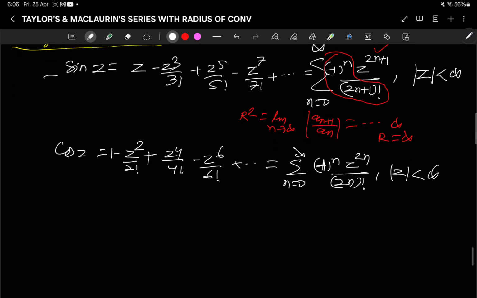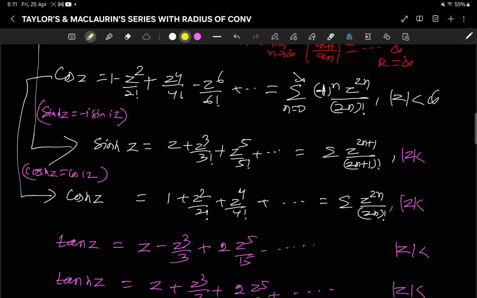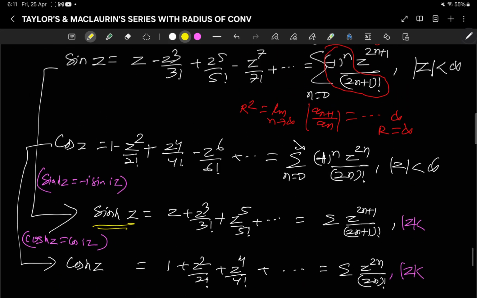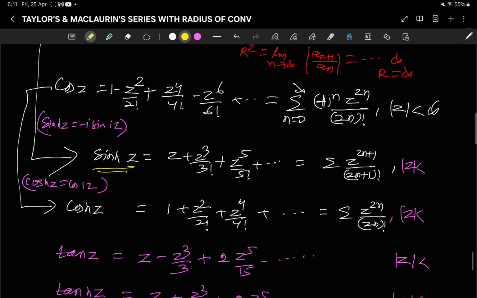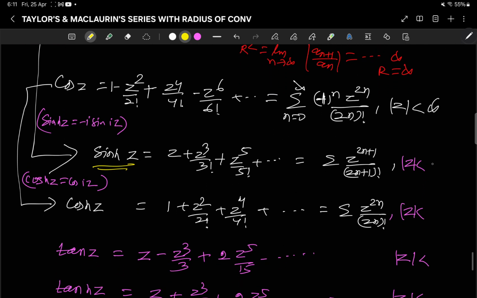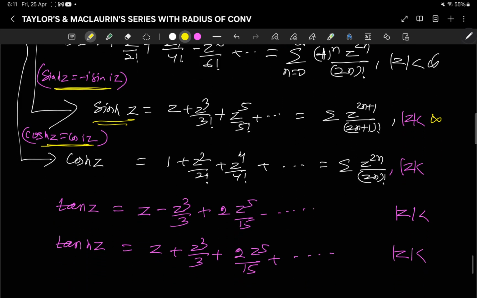Now coming to your sine hyperbolic z, all will be positive, no negative sign. And here the radius of convergence is the same, infinity, right? Because you know sine hyperbolic z is minus i sin iz, and similarly cos hyperbolic z is cos iz, so here also the radius of convergence is infinity.